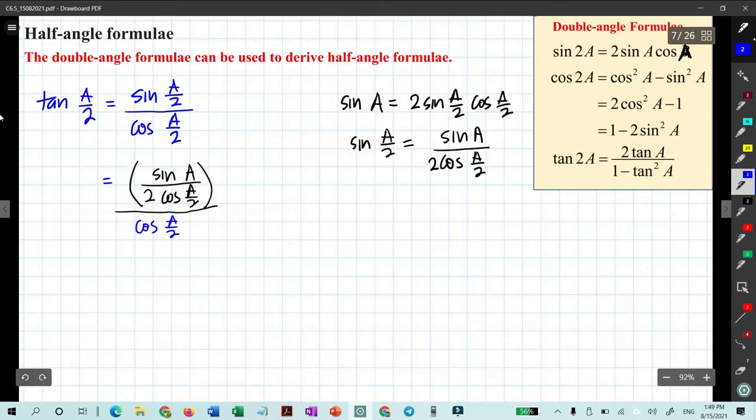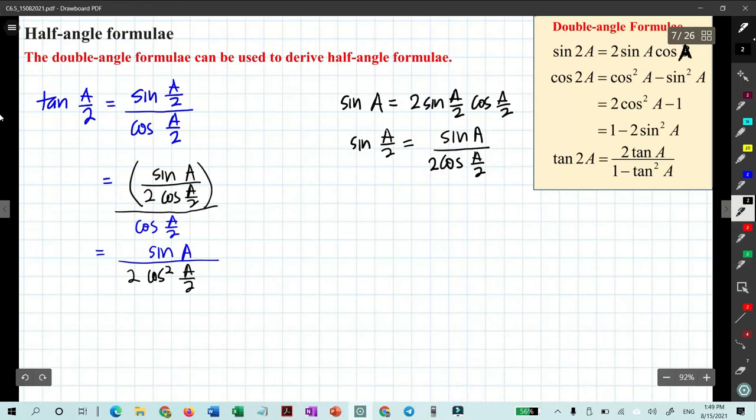And when we simplify this, we will get sine a over 2 cos square a over 2. Okay.